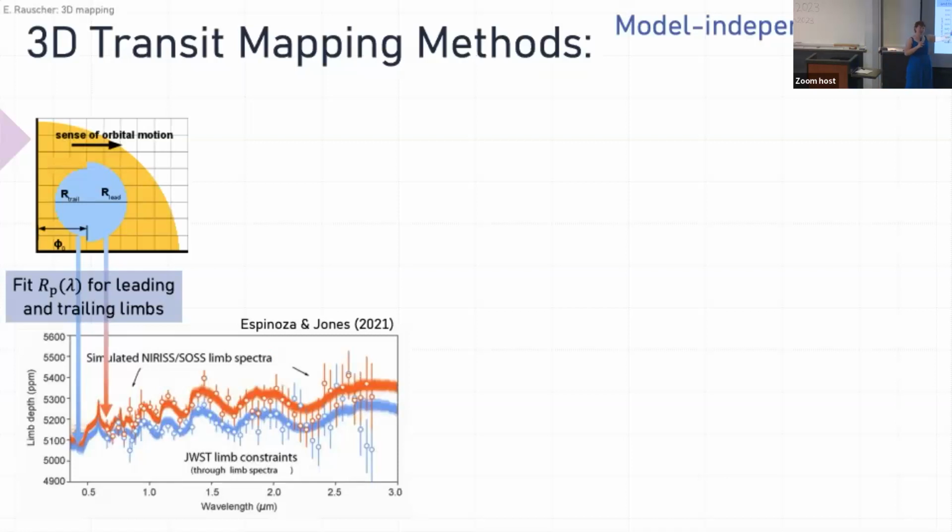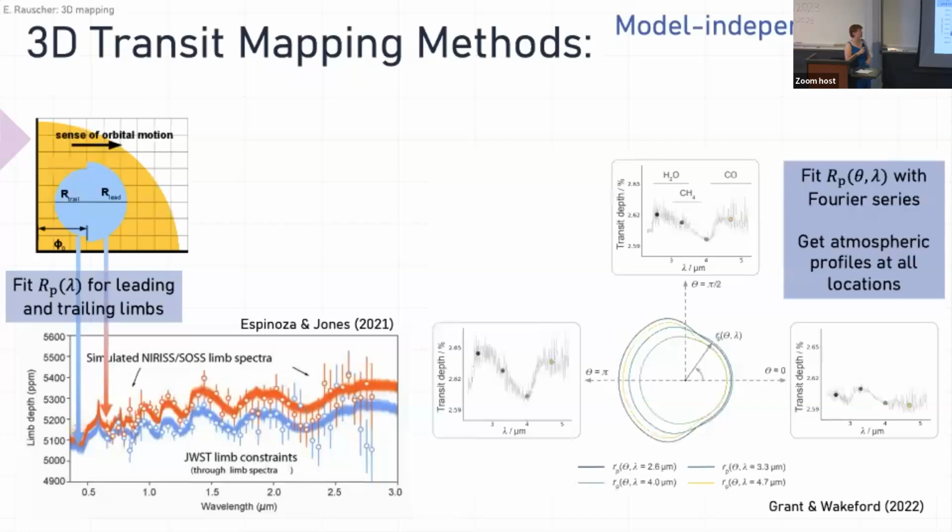So you basically construct two different transmission spectra for your two different sides of the planet. Or you can do a little bit of a more mathematically nuanced and, I think, beautiful technique that these authors call transmission strings, where you use Fourier series to describe any shape going around the planet.